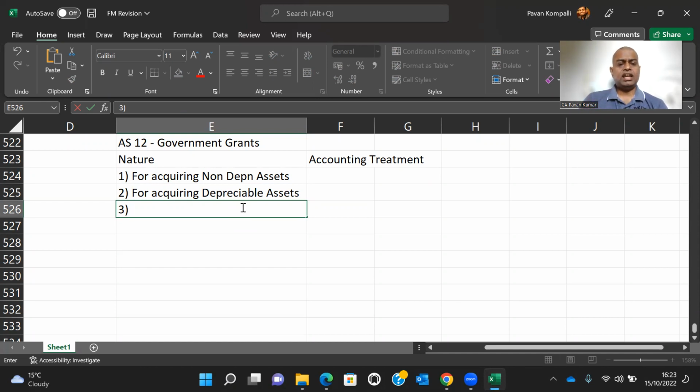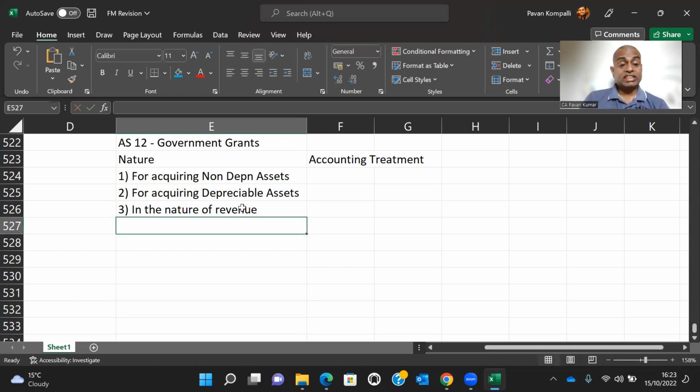Can I say the government can grant something in the nature of revenue?